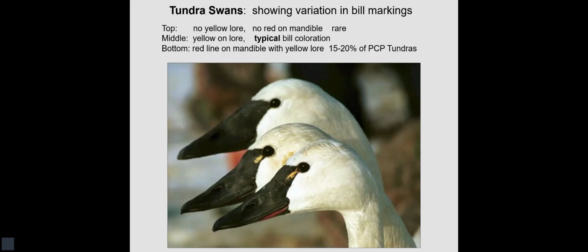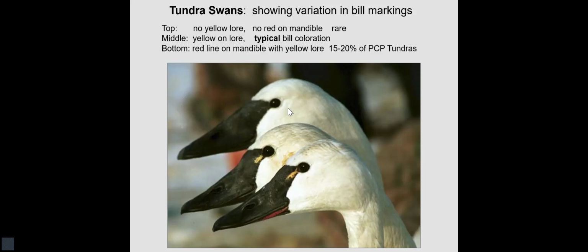The middle bird is very typical of our tundra swans: yellow on the lower and no red on the mandible, and an all black bill, but they all have this round head and this concave bill.